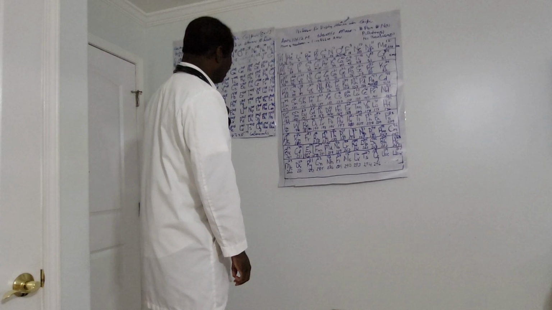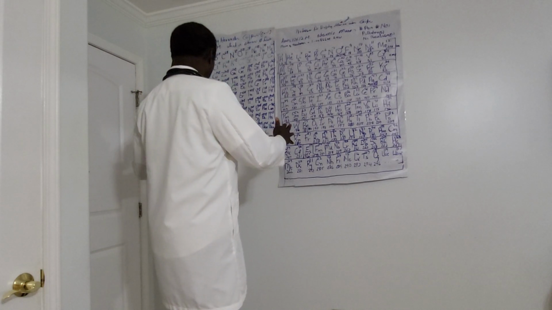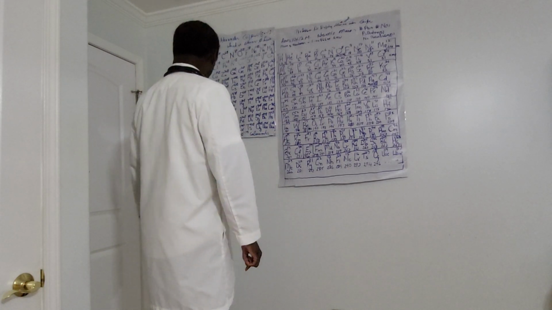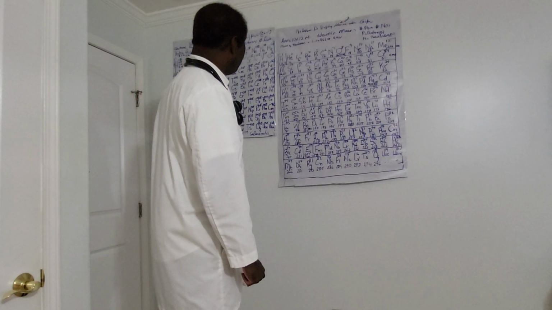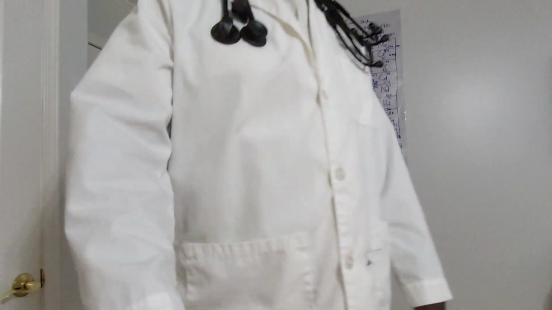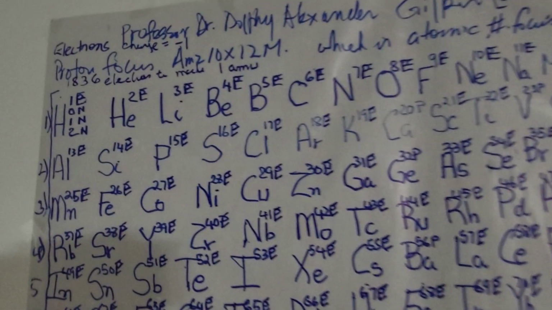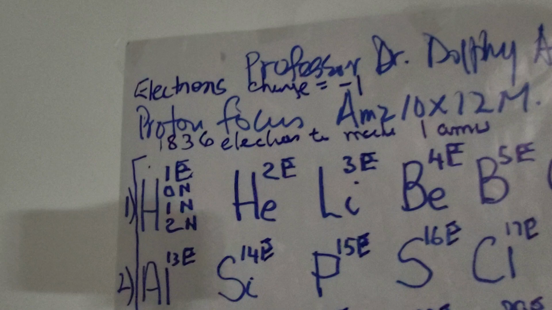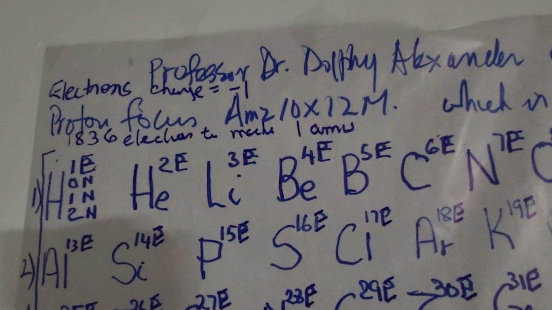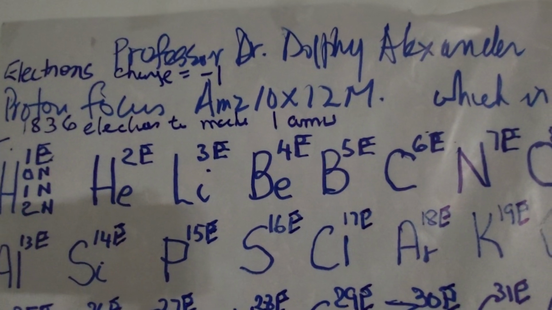So that's that. Let us give a magnified view here of the electrons. So here we have a look at the magnified view of the electrons, the Am10x12 matrix with an electron focus.